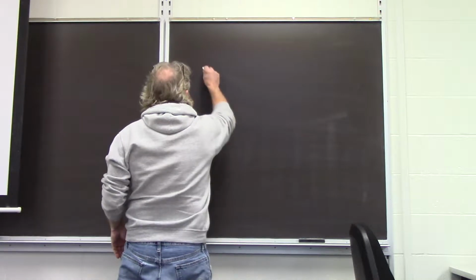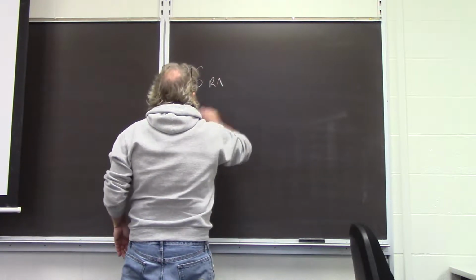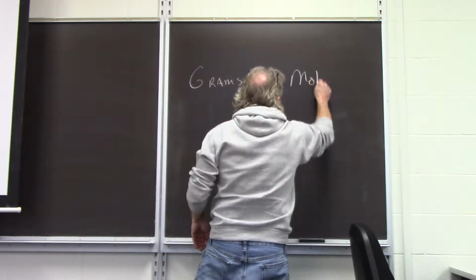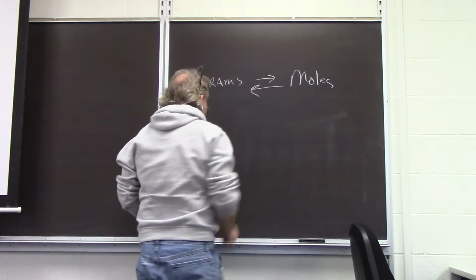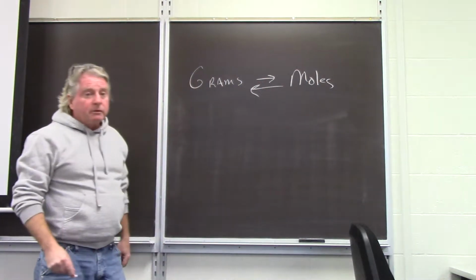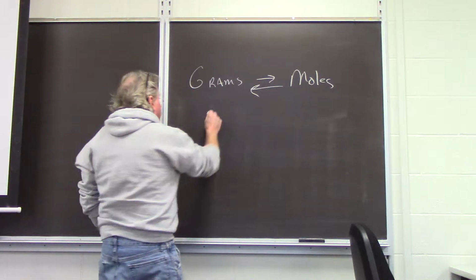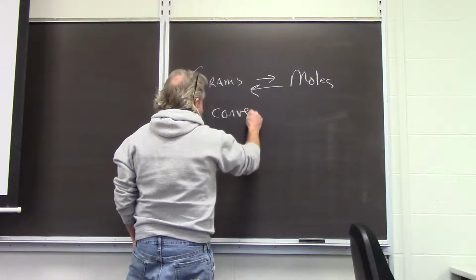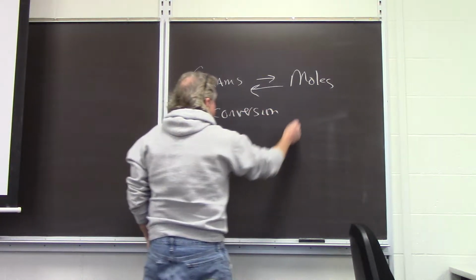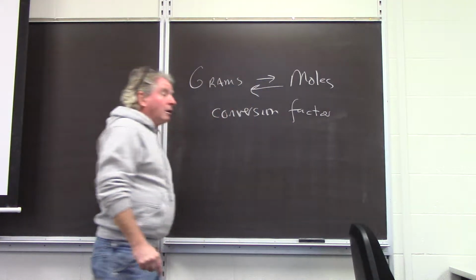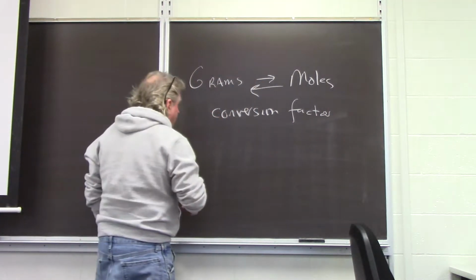All right. So I want to talk about grams to moles and moles to grams. And the way that we like to talk about it is in terms of conversions and changing things. So you have to have a conversion factor. The conversion factor is the relationship between two items, for instance, miles and feet.